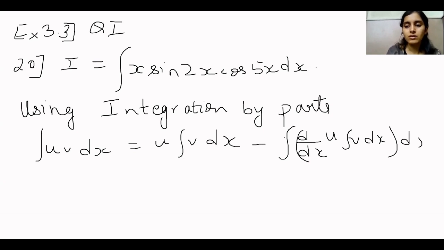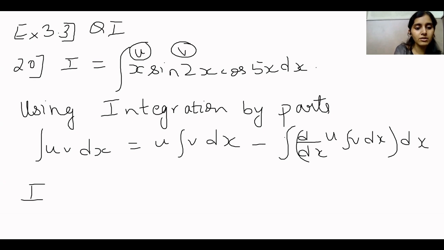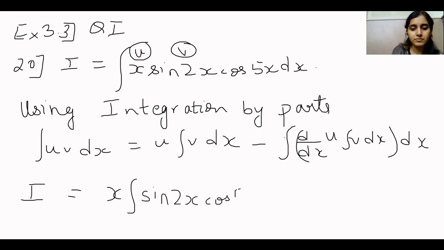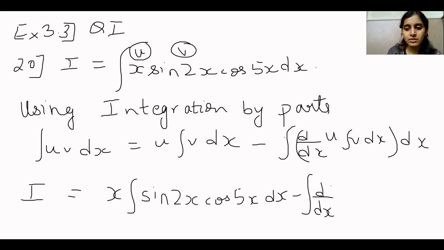Now, which is our first function here? x. And which is our second function here? Sine 2x cos 5x. So when you substitute the formula here, we get I as x integral sine 2x cos 5x dx minus integration of d by dx of x integral sine 2x cos 5x dx.